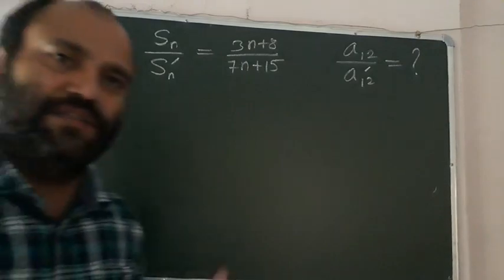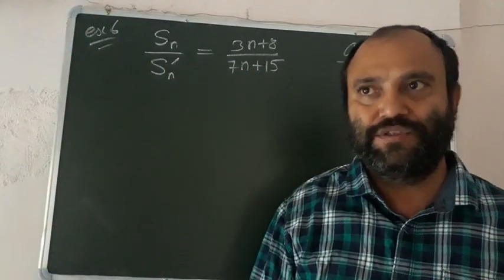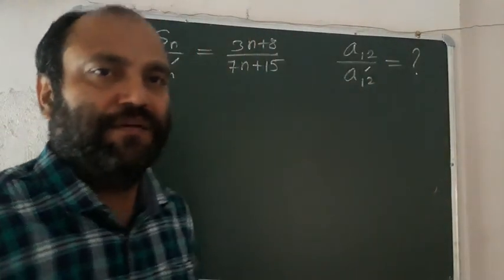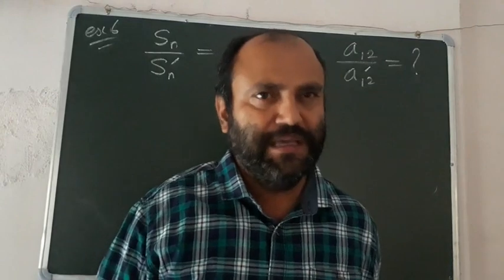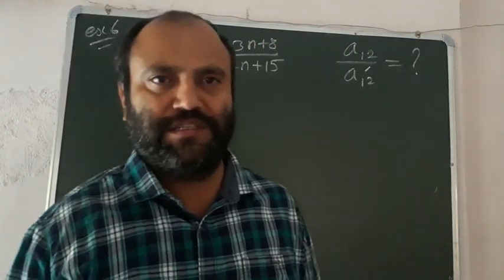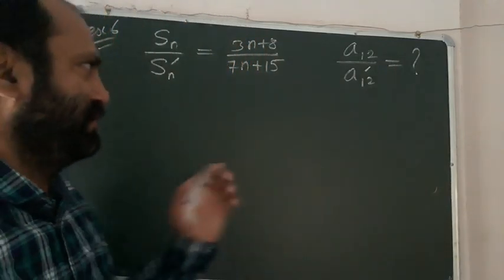As you see in the question, there are two APs. Let A1 be the first term and D1 the common difference of the first AP, and A2 the first term and D2 the common difference of the second AP.